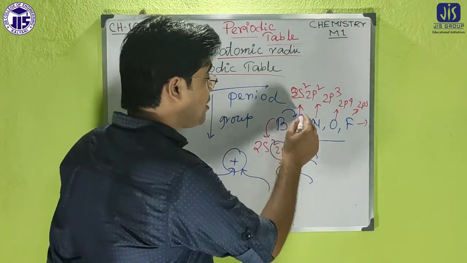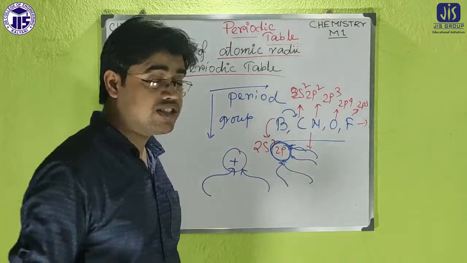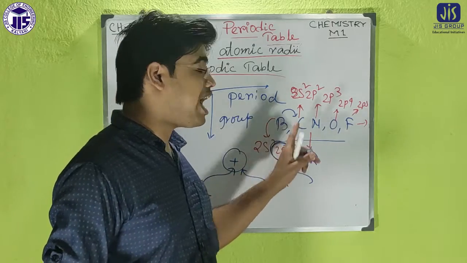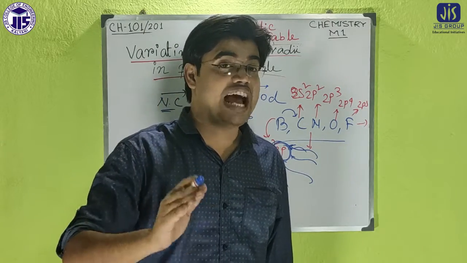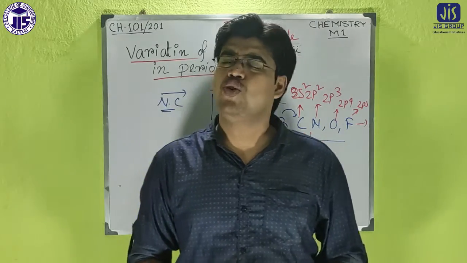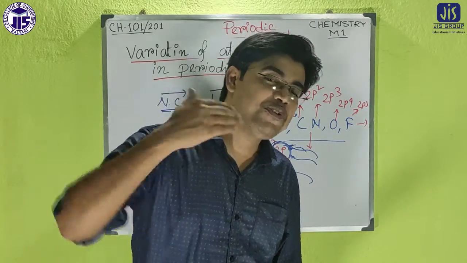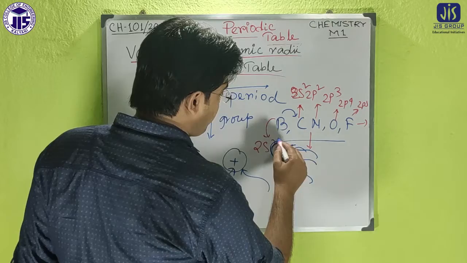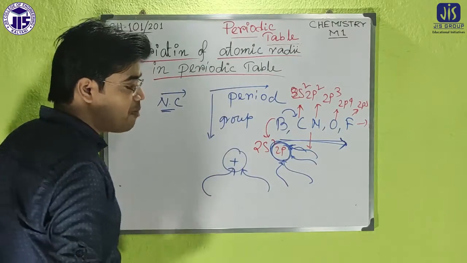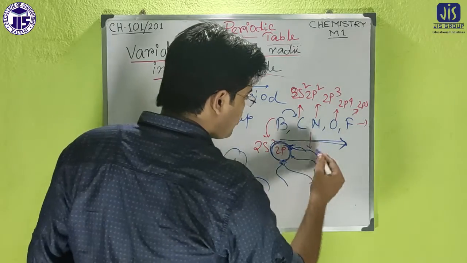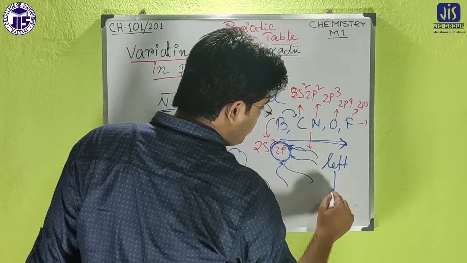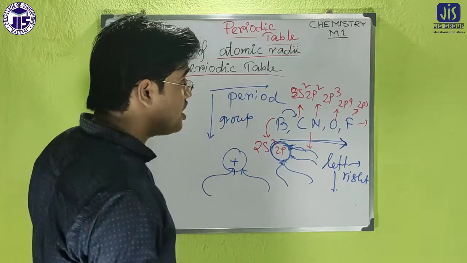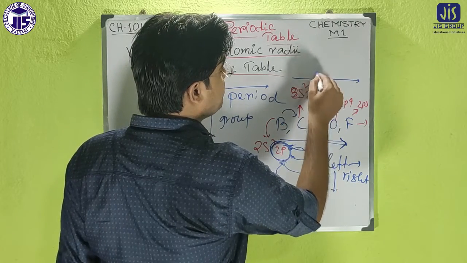No extra shell is added, but the nuclear charge increases from one step to another. So obviously, the attraction force will increase when we move from left to right, isn't it? And if the attraction force increases, then obviously the size will decrease.